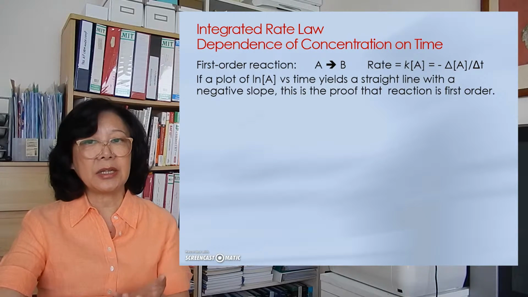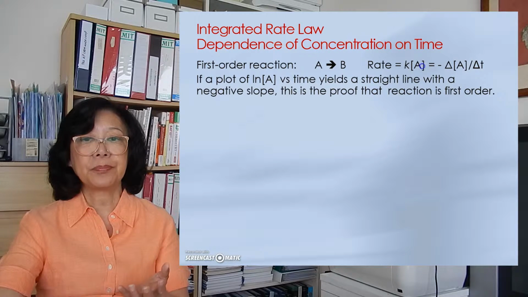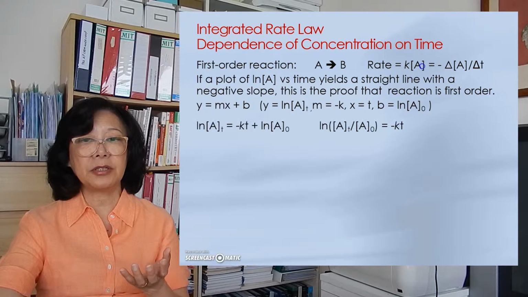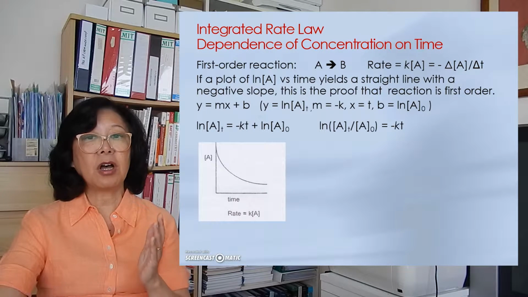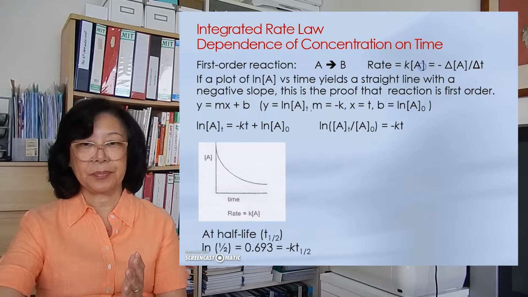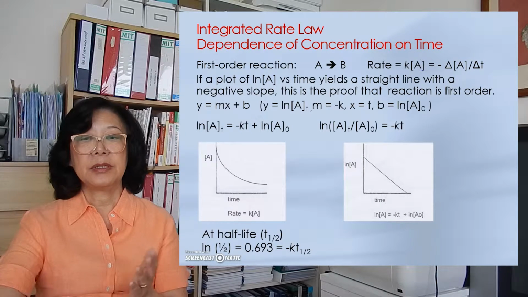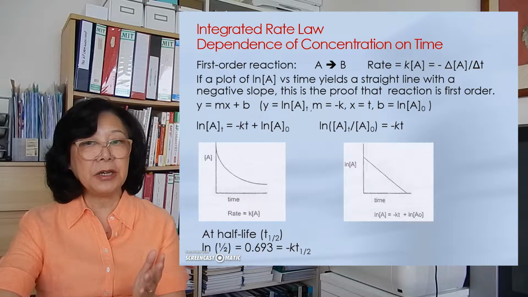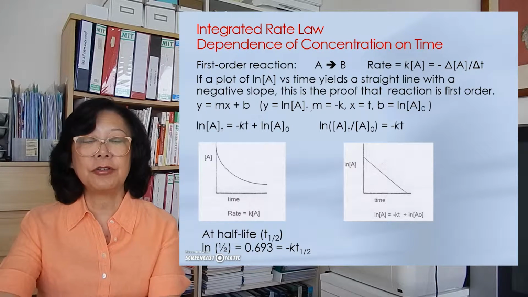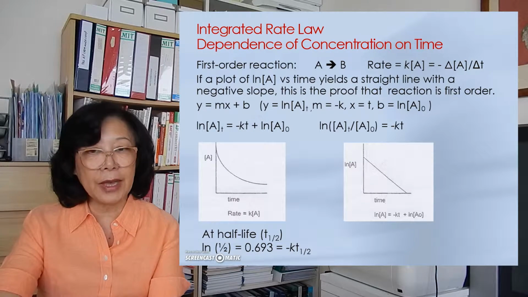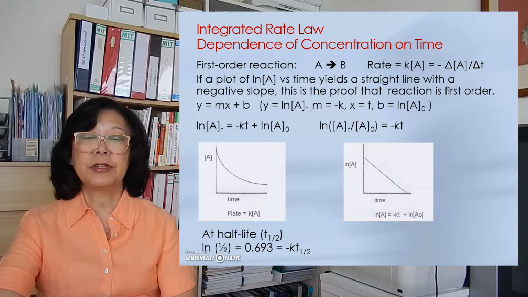Now let's take that information and plot this line here of natural log of A versus time. Now we get a straight line going downhill. That means this is first order with regard to the concentration of A, and this is a proof that it is first order.